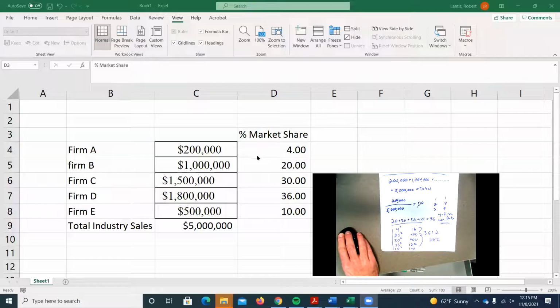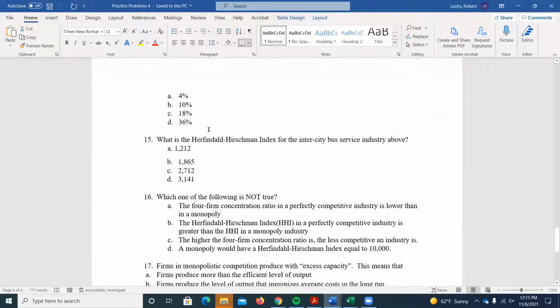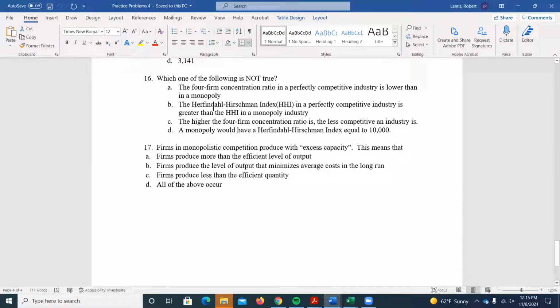So that was looking at 14 and 15. We could think through 16, thinking through these measures a little differently. Which of these statements would not be true? The four-firm concentration ratio in a perfectly competitive industry is lower than a monopoly.